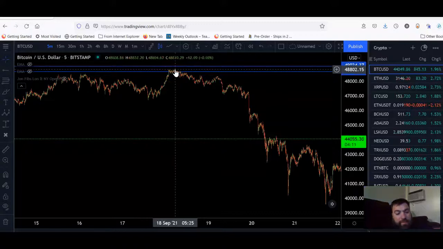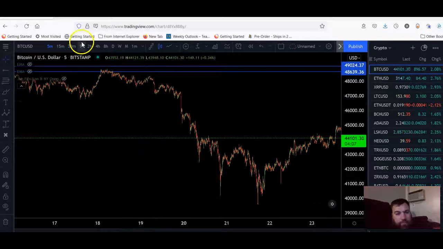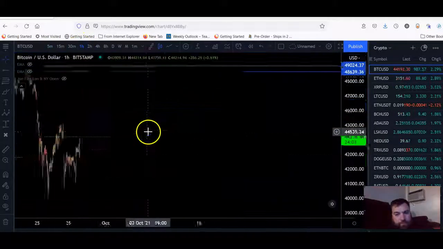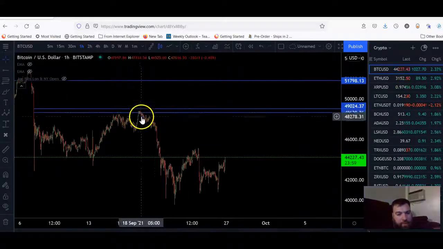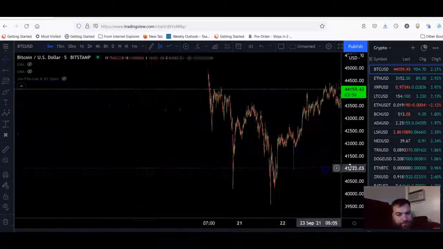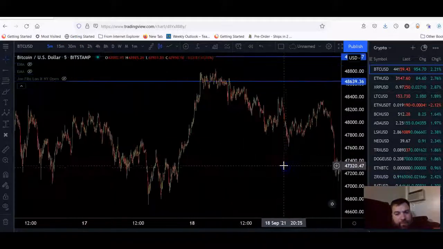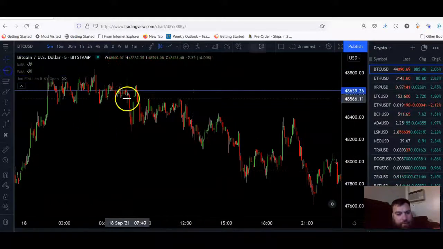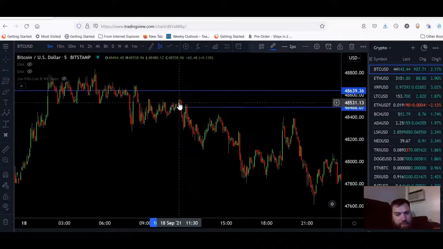On September 18th, higher time frame, price came right up to here and sold off. Hit multiple entries. So here's an entry right here.